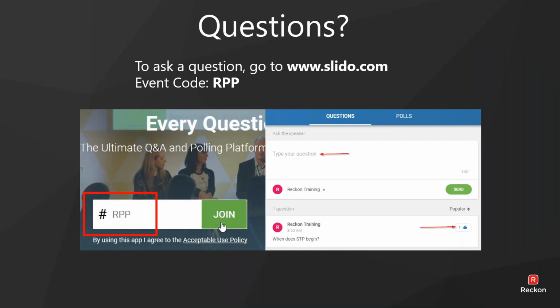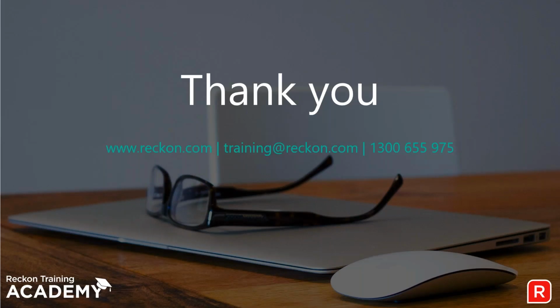That's just popping up on the screen there. So questions about the webinar, clarification, or if you can't find the video on YouTube, email training@reckon.com. If you have questions of a technical support nature, get in touch with the tech support guys and they'll be able to help you out on that side.